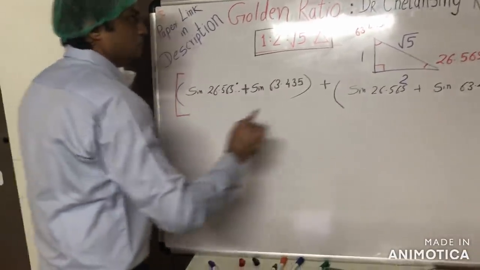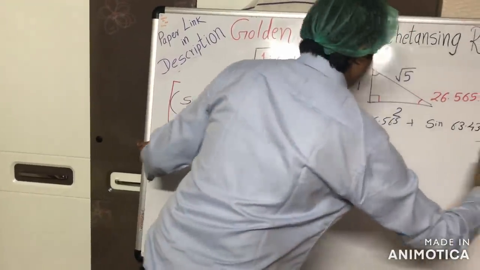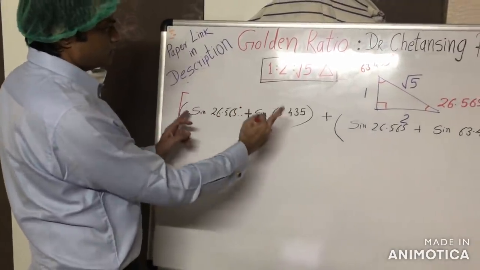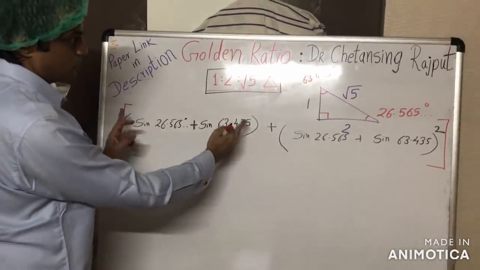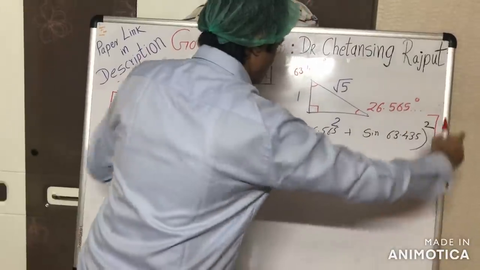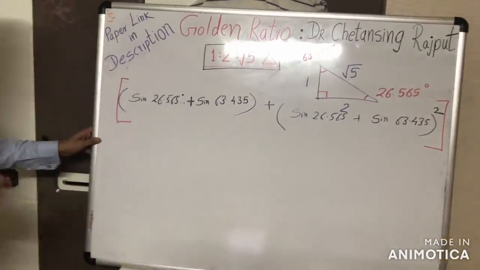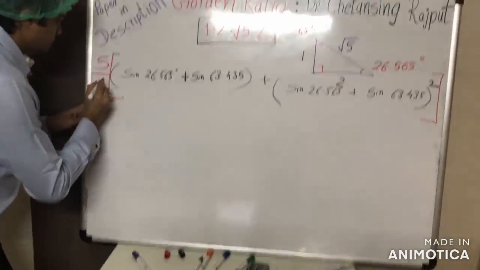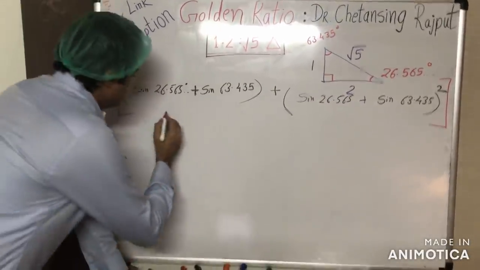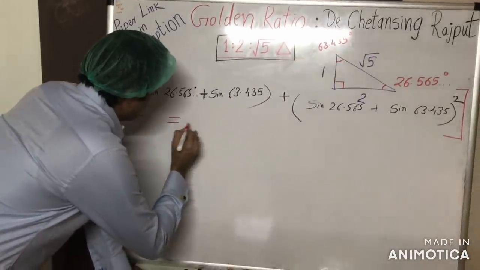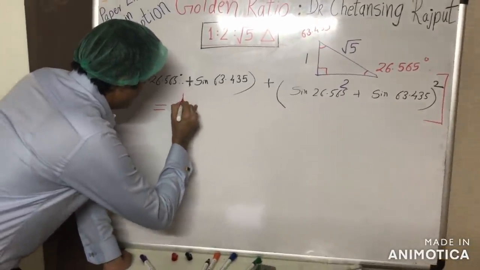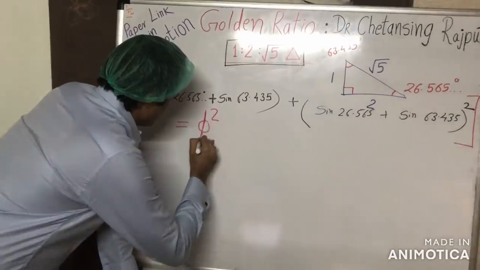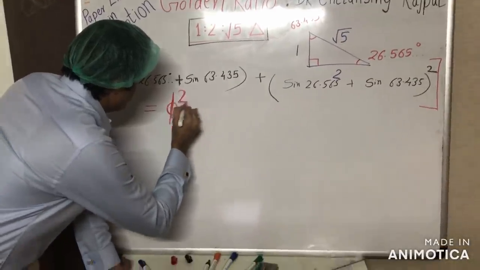This whole term, sine 26 degrees plus sine 63 degrees, plus the square of this whole term in brackets, if it is multiplied by 5 and divided by 6, this precisely gives the value of the square of the golden ratio. Precisely.